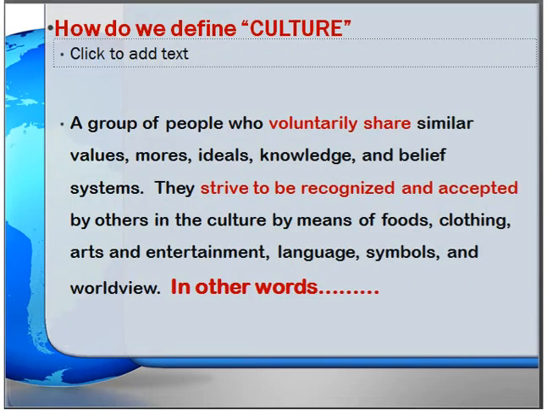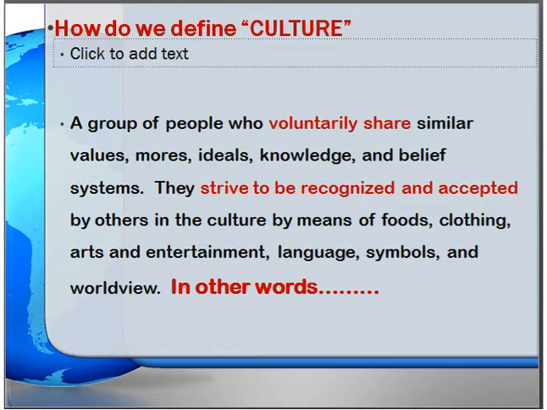So in order to do this in a really effective way, we have to have some sort of a definition of what we might consider culture. Depending on which book you look at and how many books you look in, you're probably going to find a myriad of definitions for what culture is.